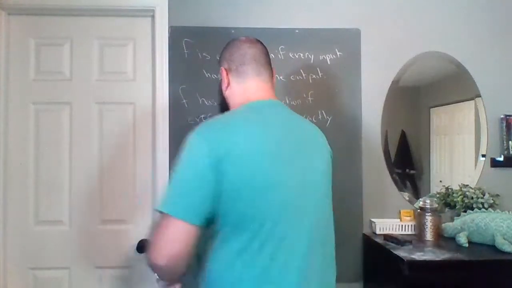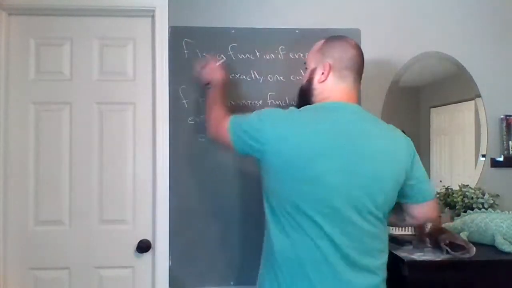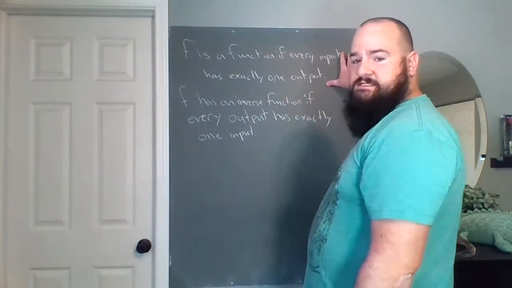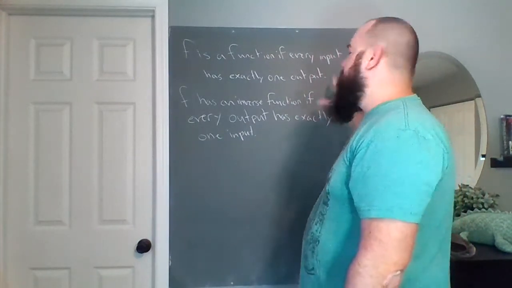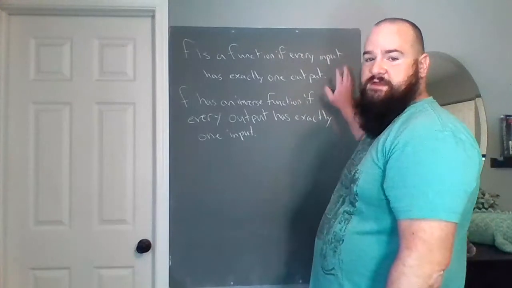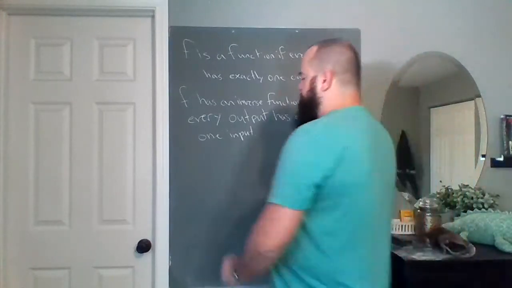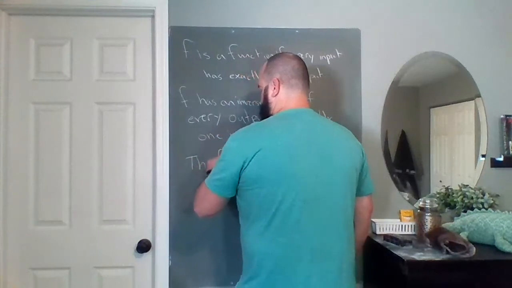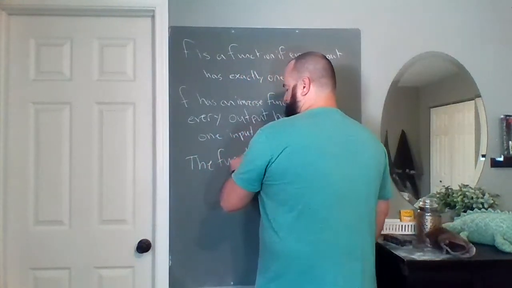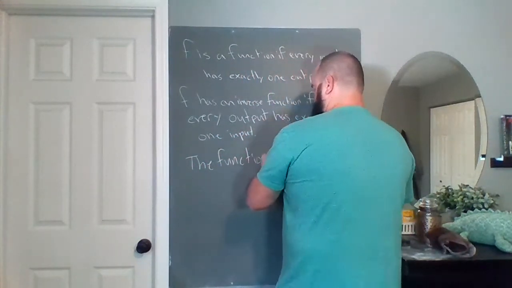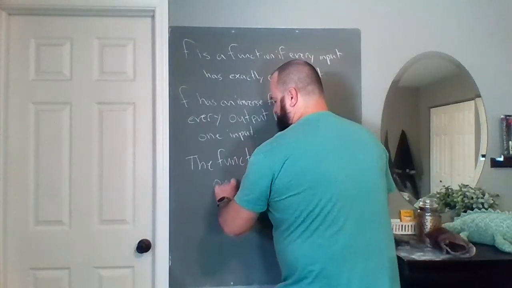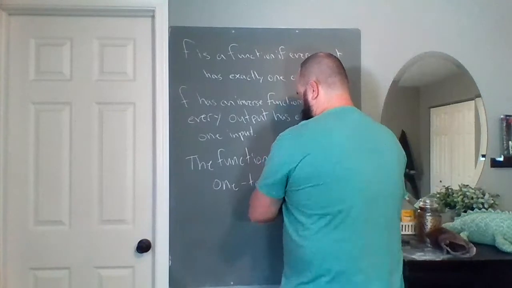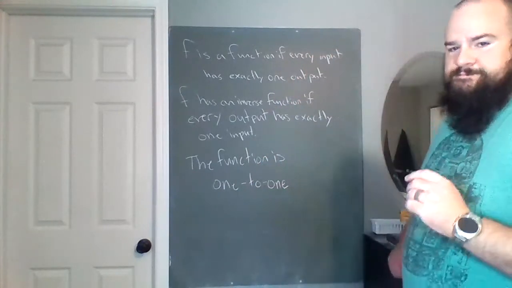And this feature, if a relationship or a function has every output with exactly one input. So we say that if every input has one output and every output has one input, then we say that the function is 1 to 1.